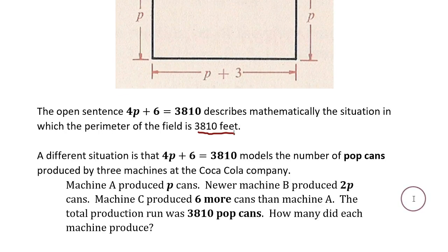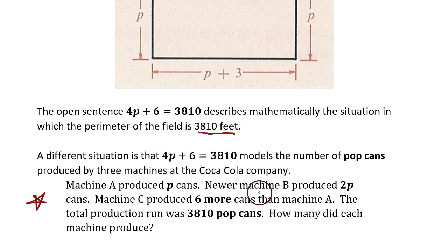Now let's look at a totally different situation that has that same algebra expression. 4p plus 6 equals 3,810 could model the number of pop cans produced by 3 machines at the Coca-Cola Company factory. Consider this situation. Machine A produced p cans, where we are using the variable p to represent the number of pop cans that machine can produce.